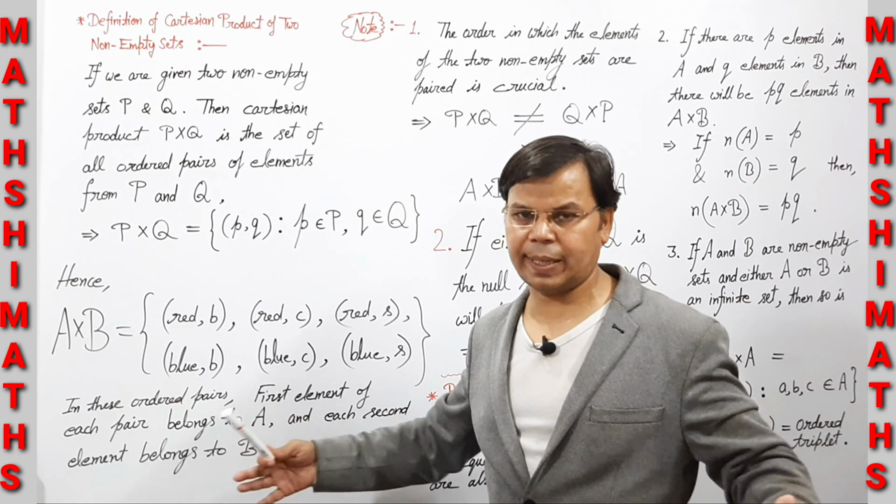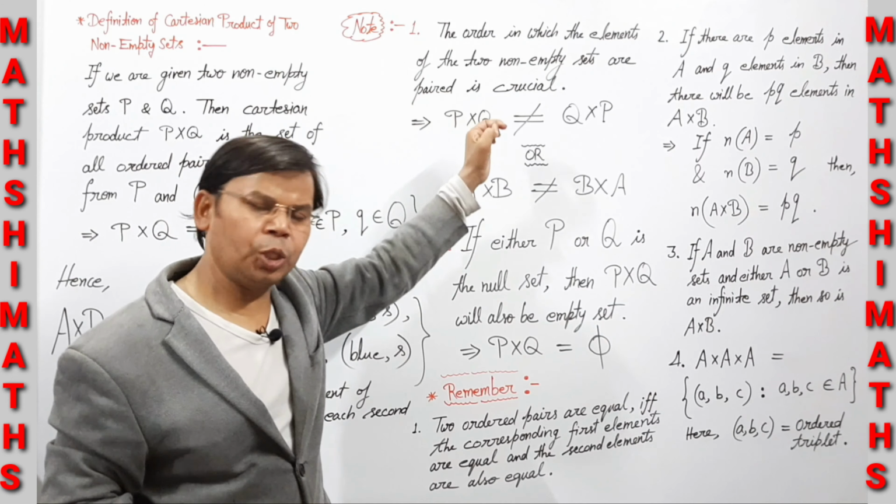Here some points are to be noted. The first point is that the order in which the elements of the two non-empty sets are paired is crucial.